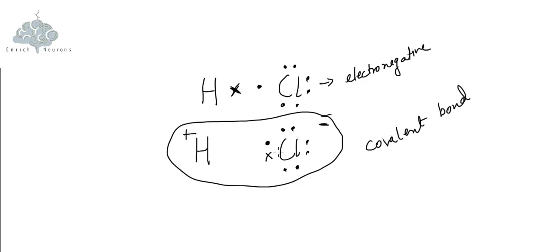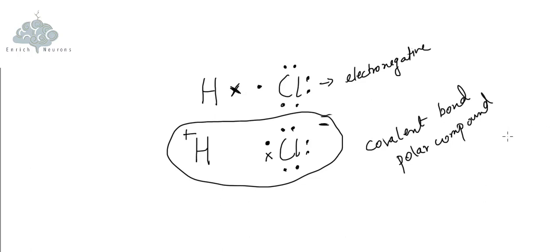Therefore this type of covalent bond, where one side of a molecule gets a positive charge and one gets a negative charge, is called a polar molecule. Whatever polar molecules you have, they readily form ions easily. So this would be one example.